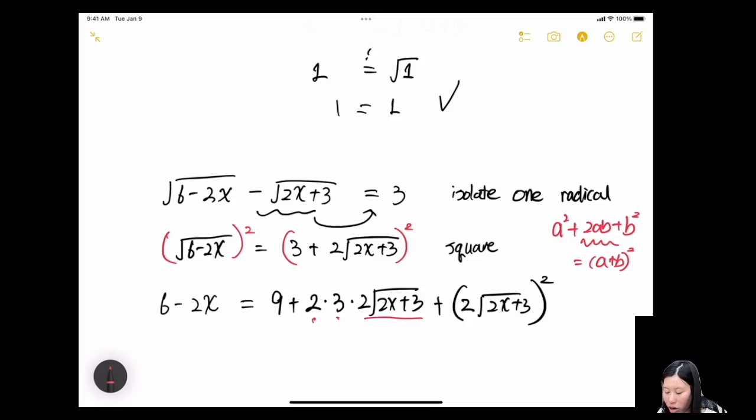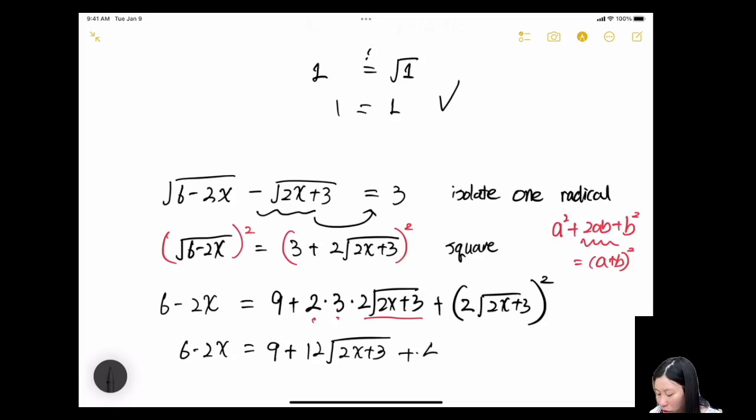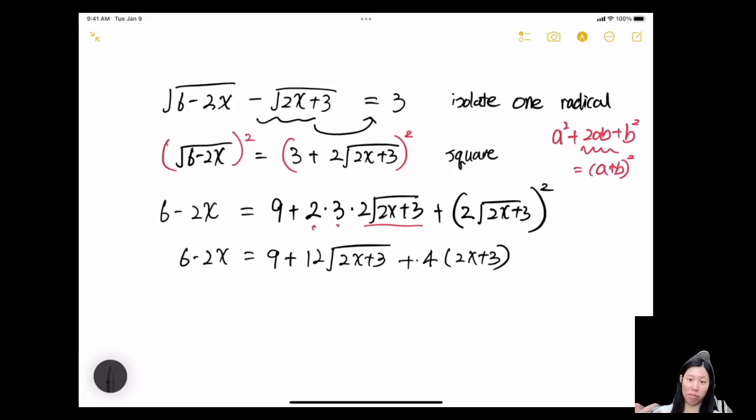Okay, so now simplify it. So I have 6 minus 2x equals 9 plus, this is 6 times the square root of 2x plus 3, plus here, you square root both, you have 2x plus 3. Now we repeat by isolating one radical. But before then, you can try to simplify it first.